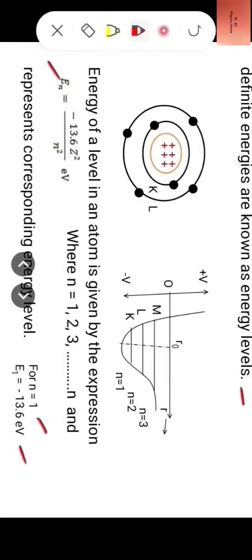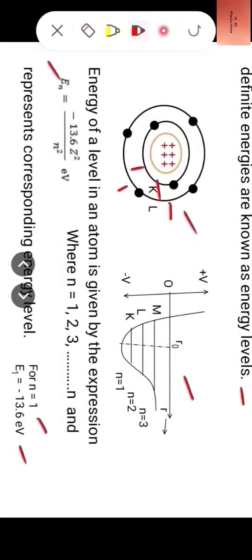Now look at this diagram. This is a diagram of an atom where this is first orbit N equal to 1, this is second orbit N equal to 2. For first orbit it is K level and for second orbit it is L level. And here you can see potential energy curve of an atom.